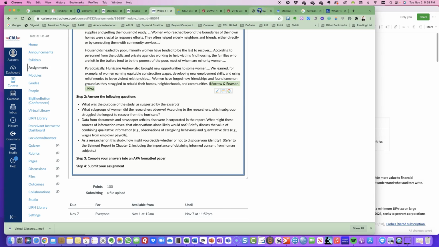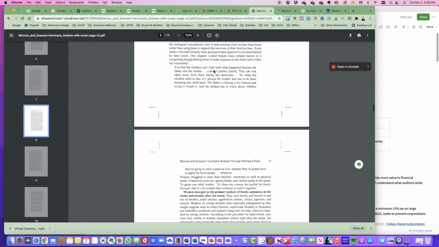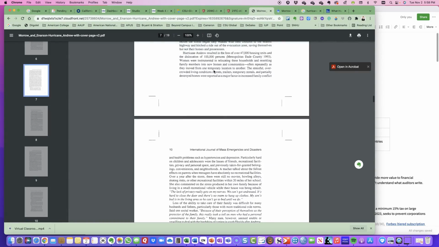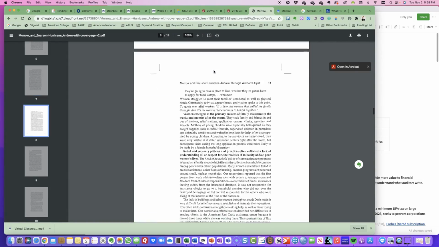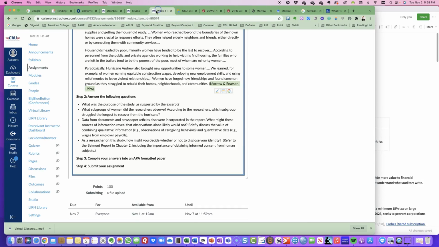Or you can provide a highlight. So you would read the article and highlight the main points, right? Or you can provide a summary. You can take the pieces from the article and then just provide a 1 or 2 page summary to help you. But that is the assignment that you will submit in your week 4.